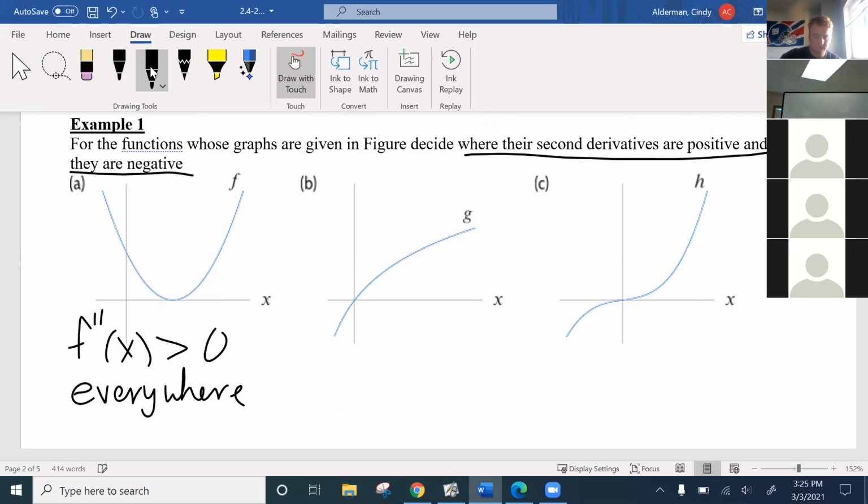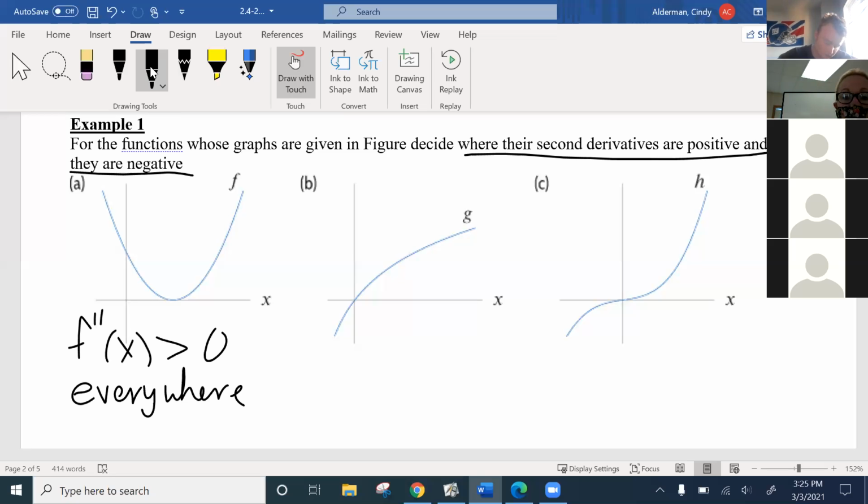And if you want to know, is this concave up or concave down? Down. Is it ever concave up? It is not.